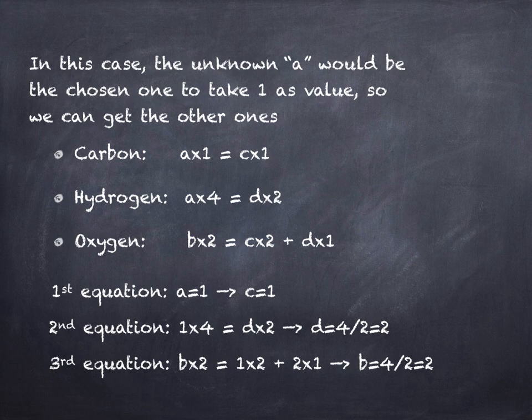So, A is already known. 1 times 4 equals 2 times D. So D should be number 2. And finally, from the oxygen equation, the third equation, 2 times B equals 1 times 2 plus 2 times 1. So B should also be the number 2.